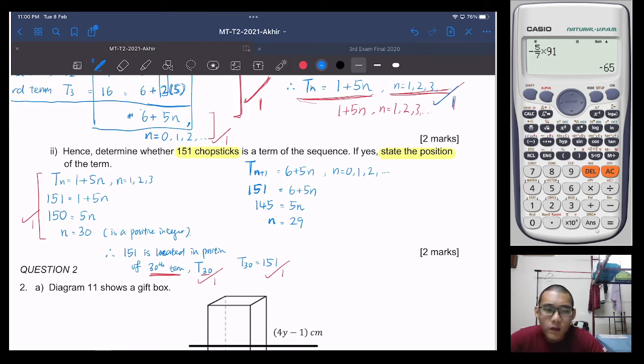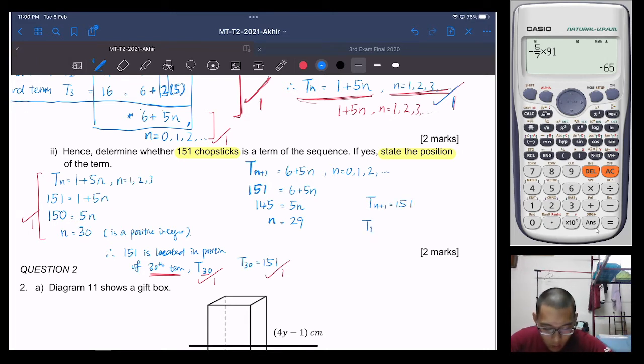Yes, it's 29. Why is my answer different from the first one? Because the structure of the algebraic expression given is also different. So when n equal to 29, to show that 151 is a term in the sequence, we know that Tn plus 1 is 151, where n is equal to 29.